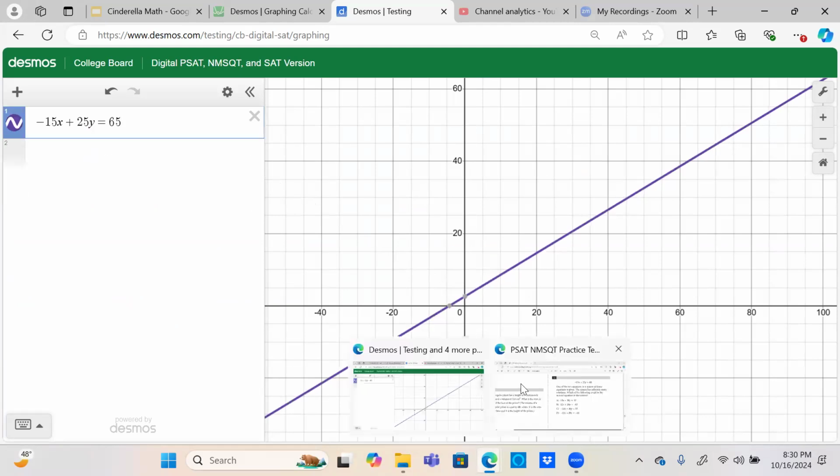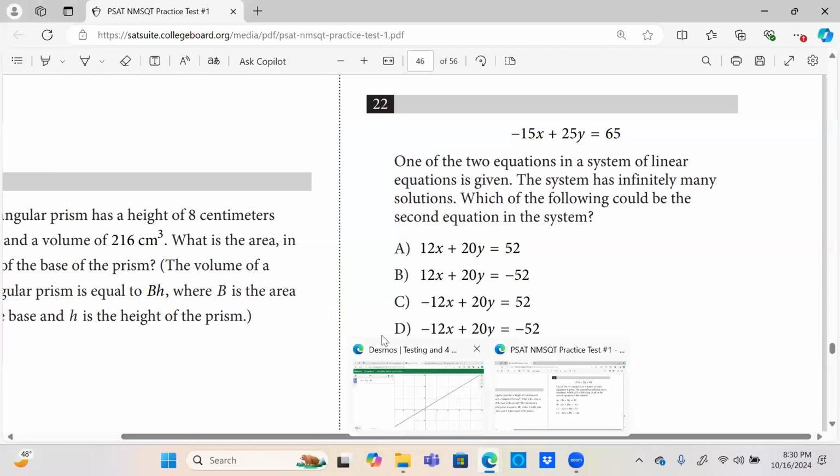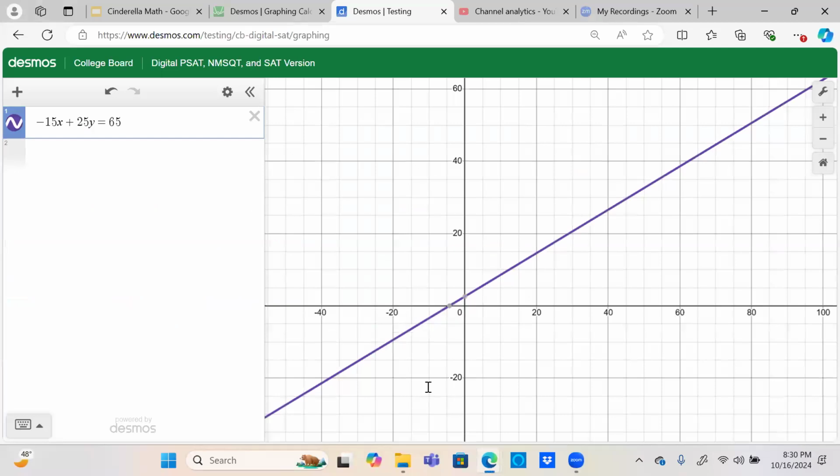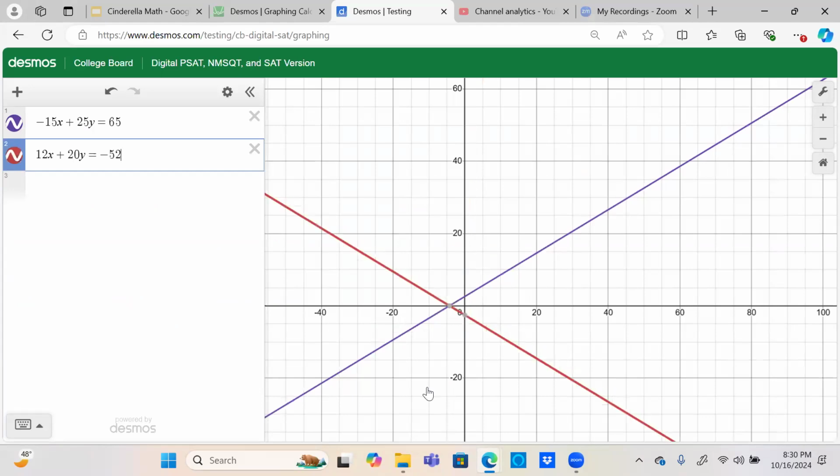What was B? 12, 20, negative 52. We already know this is wrong. We're just going to confirm. Nope, that did not land on top of it. It's not B. So we already know C is right. Let's confirm.